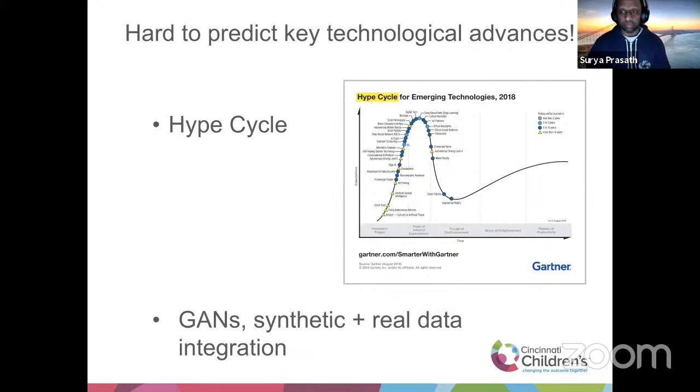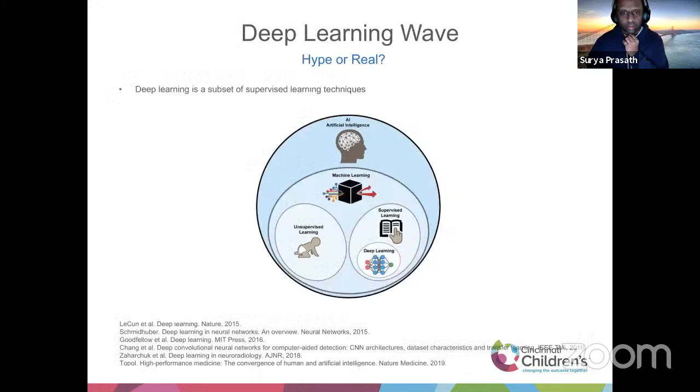I want to emphasize a couple of other ideas which came about, generative models which generate synthetic data, but is it hyper real? Remember, deep learning is a subset of supervised learning models. When people say AI, deep learning is only a sub part of the whole AI domain.